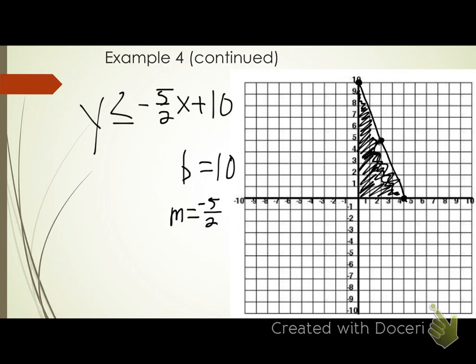It goes up to that number, but that number itself is not included. Same concept for my solid versus dashed line. If it's a dashed line, the ordered pairs on that line are not solutions. The solutions go up to that line, but those ordered pairs on that line are not solutions. If it's a solid line, those ordered pairs are solutions. Does that make sense? Any questions for me?